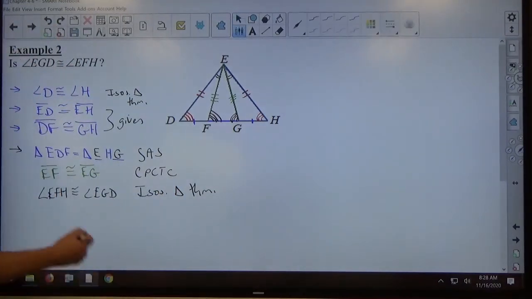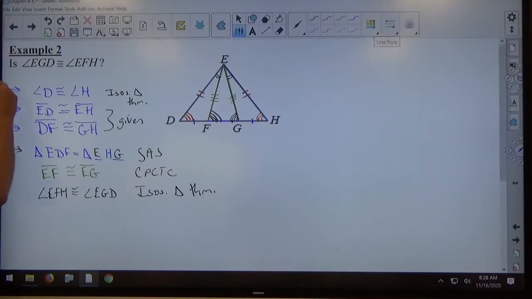If I'm writing a formal proof, I'm going to put those two things up there first, right? So a lot of times they're going to say, is this true, or show that this is, that kind of thing. You're basically walking through the idea of a proof without writing a formal proof out of it. Use sequential logic. One thing leads to another thing, leads to another thing, until you get to what you're trying to show.